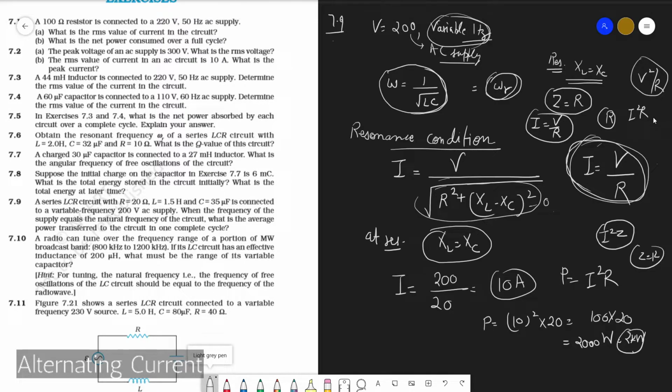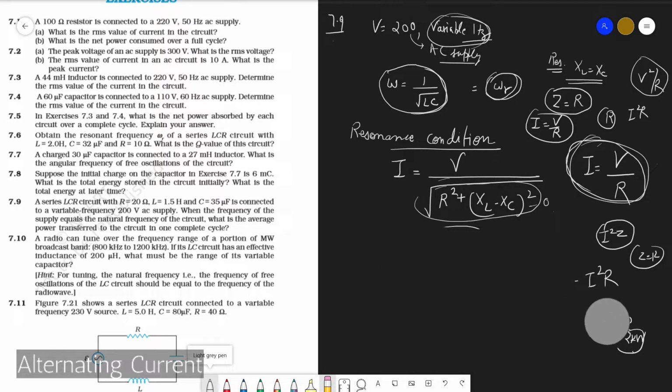R. This can also be valid, and you can understand this condition very well. Let us understand some more concepts here.